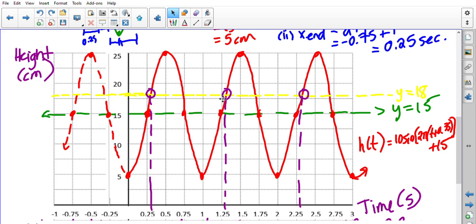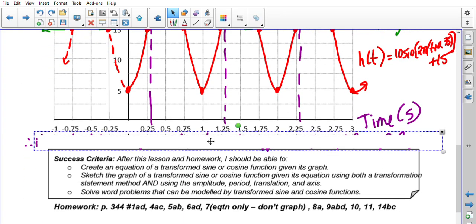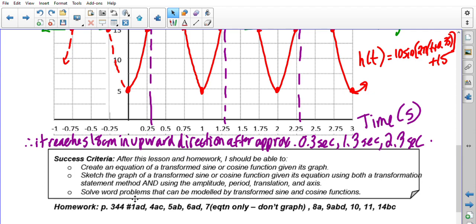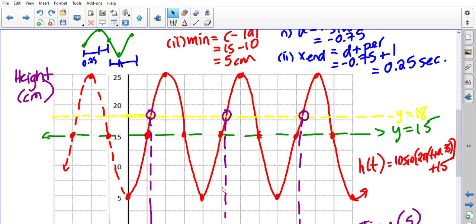The next upward direction at 18 is here, which is about 1.3 seconds. And the next one is here, at about 2.3 seconds. And that would meet the 0 to 3 interval. So my therefore statement is it reaches 18 centimeters in the upward direction after approximately 0.3 seconds, 1.3 seconds, and 2.3 seconds.